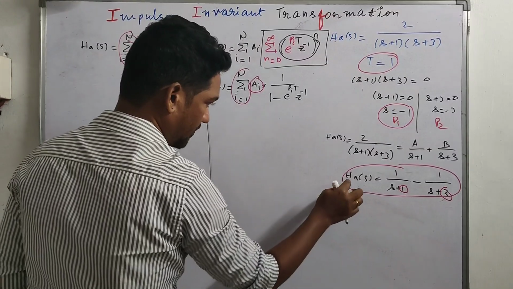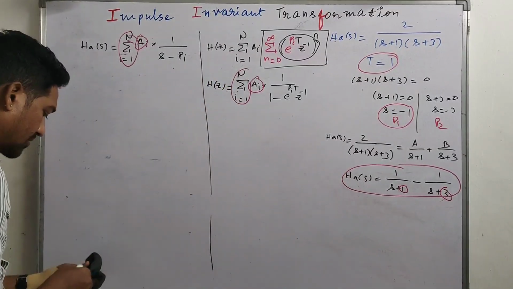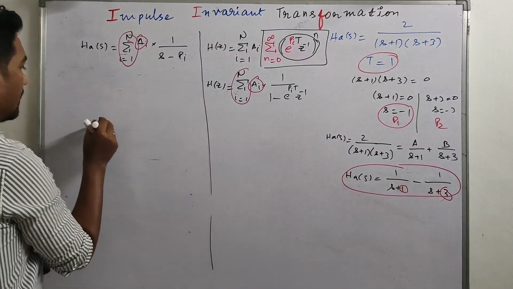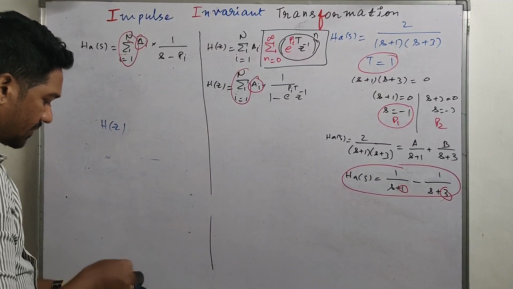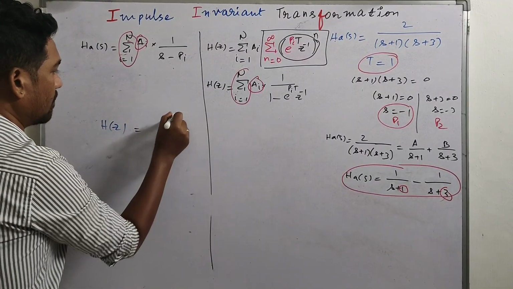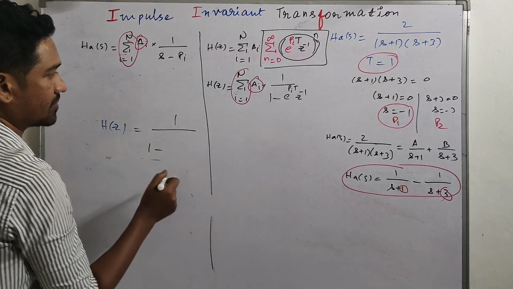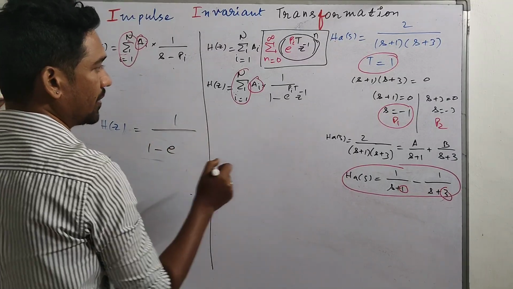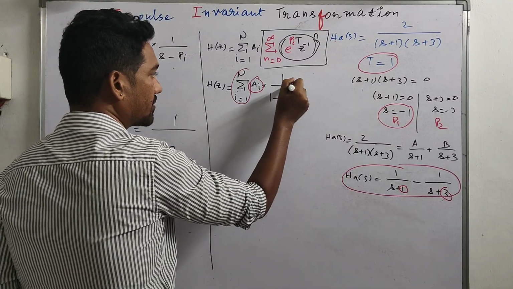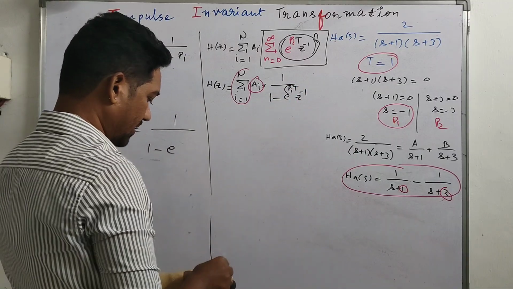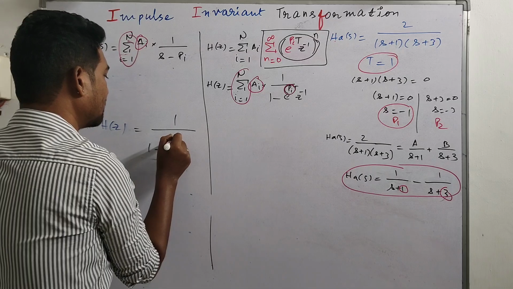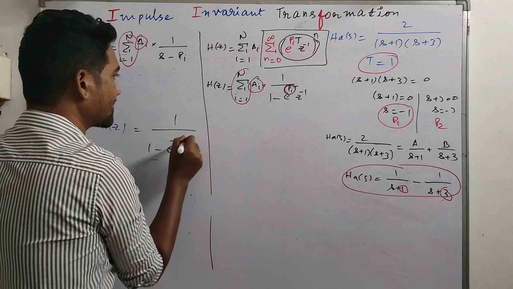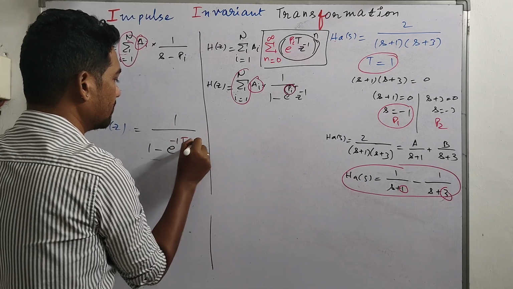And how is H of z obtained from this H of s? From this one, H of z can be written as 1 upon 1 minus e raised to the pole, minus 1, into t, into z raised to minus 1.